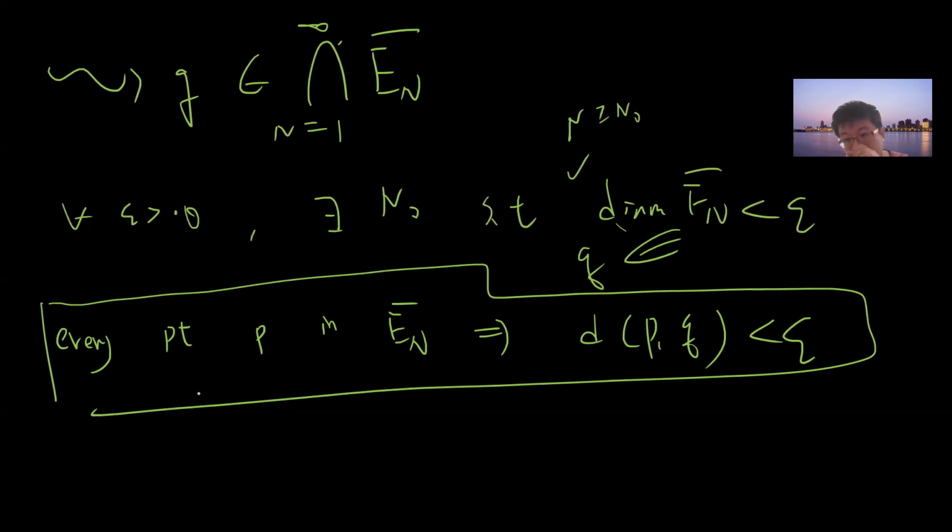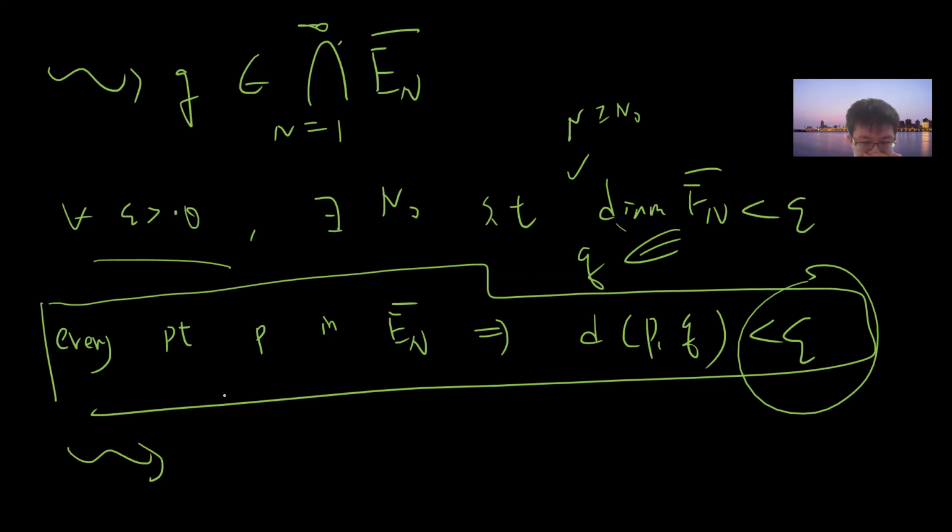Remember that what we need to prove is that it converges, so we hope to prove that it converges to Q. From now on, you see the trick. For any epsilon, you can find n0 such that when n is greater than or equal to n0, there exists a P in En bar such that d(P,Q) is less than epsilon.